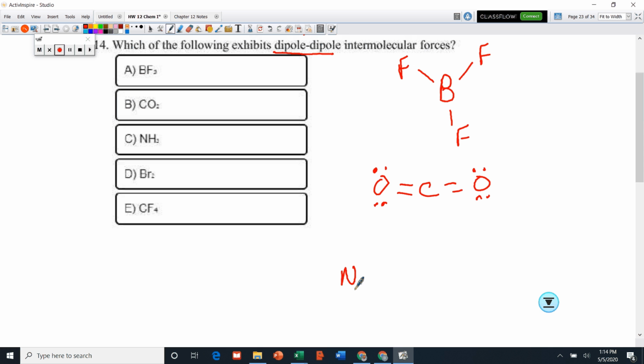NH3 looks like this. Br2 looks like that. And CF4 looks like that.